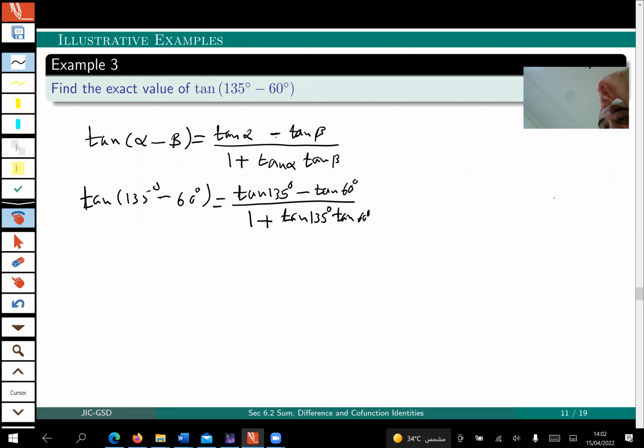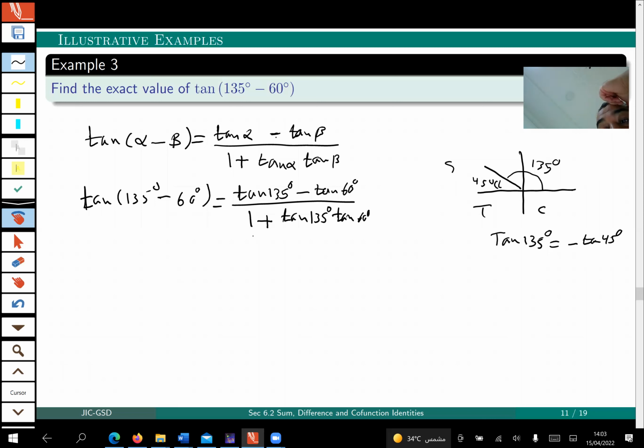Now we have to be careful. 135 is in the second quadrant, with reference angle 180 minus 135, which is 45. Using ASTC, tan 135 is equal to negative tan 45.